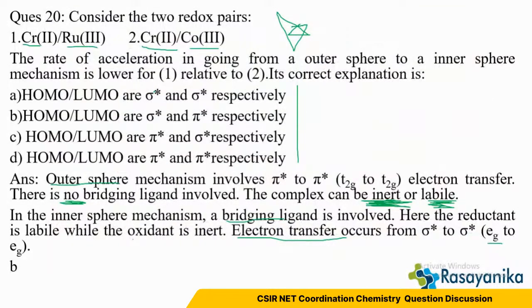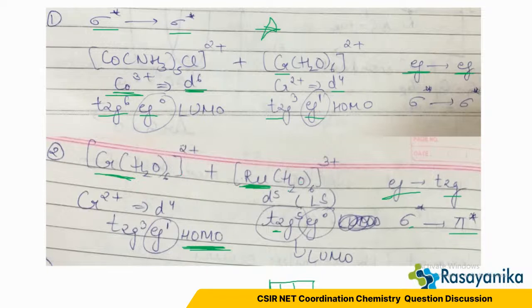So the rate of acceleration in going from outer sphere to an inner sphere mechanism is lower for 1 relative to 2, because the HOMO and the LUMO are sigma star and pi star respectively. You can see the HOMO is this sigma star and the LUMO is pi star. That is why. Okay, inner sphere mechanism is faster in comparison to the outer sphere mechanism.